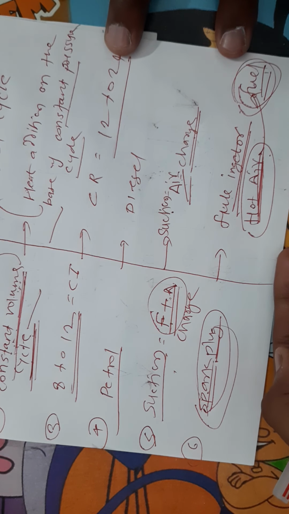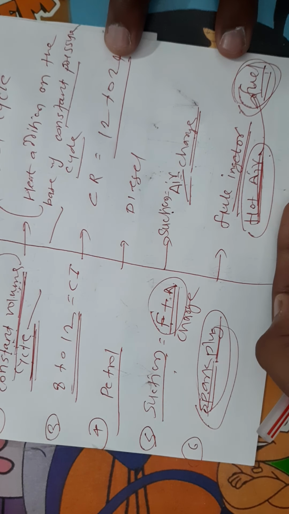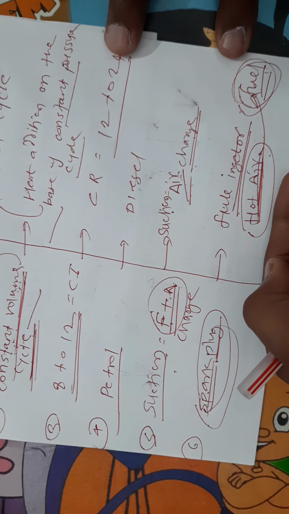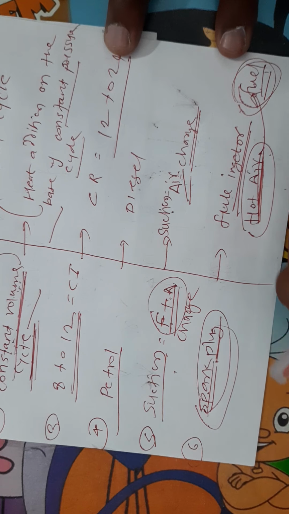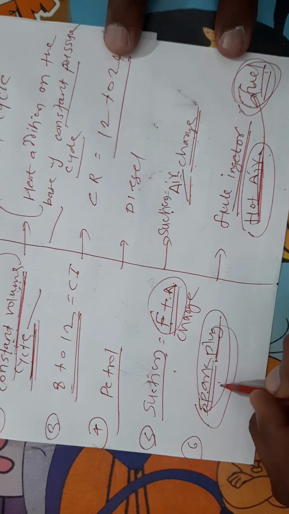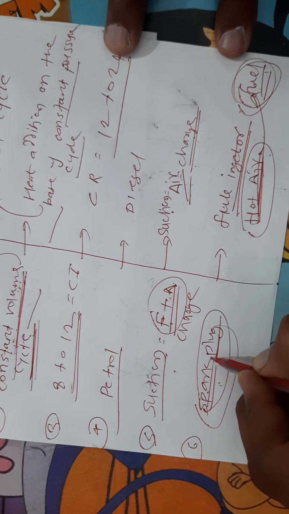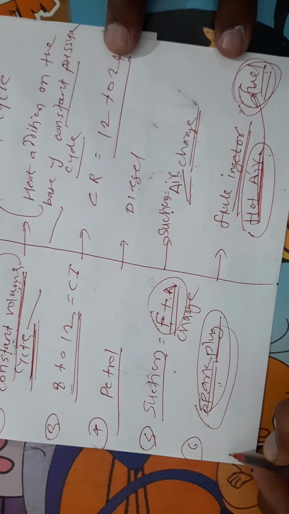Whatever air we have from the suction stroke is compressed and heated in the compression stroke, and at the end of the compression stroke we have a fuel injector by which we inject diesel. The diesel comes in contact with that hot air and starts to burn. So hot air is used to burn our injected fuel in our compression ignition engine, and in our spark ignition engine, the spark plug is used to burn our air-fuel mixture.